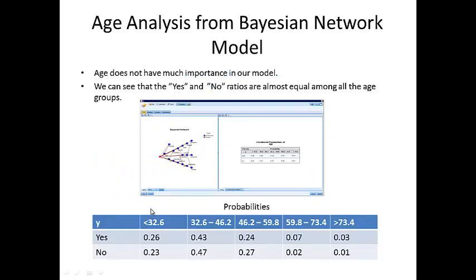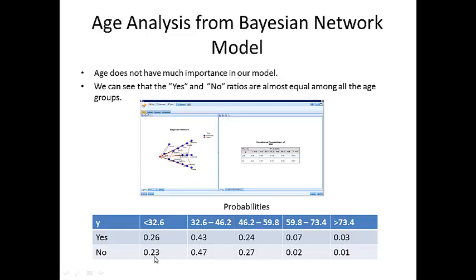For example, for the age group less than 32, the probability that the person will take the offer is 0.26. As the age group increases, the probability increases and then decreases, and the same thing is happening with no: the probability that the customer will not accept the offer is also increasing and then decreasing.